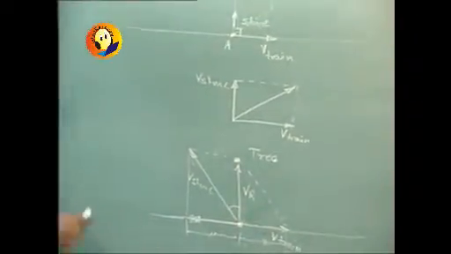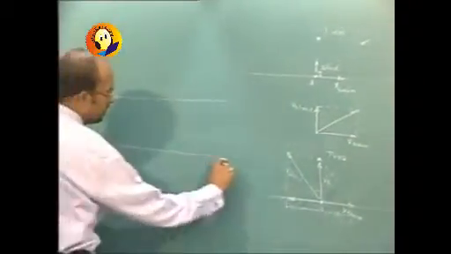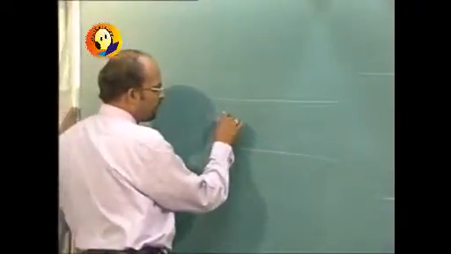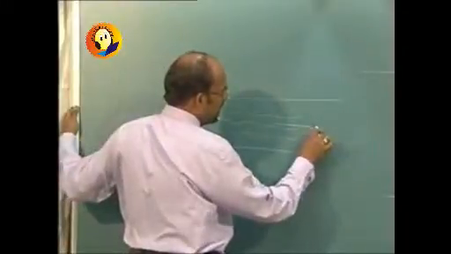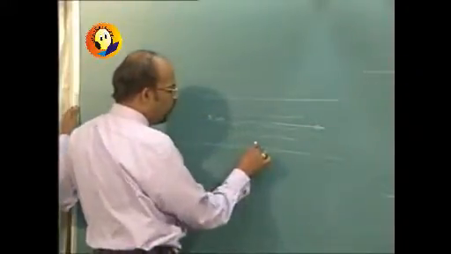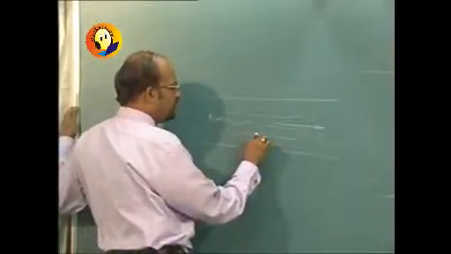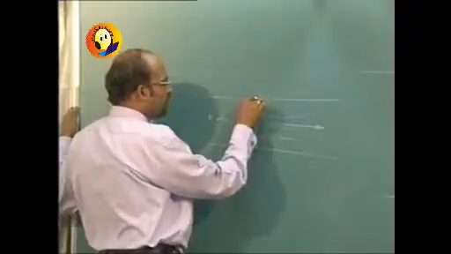Another case could be when, say, there is a river and the flow is in this direction. Some boat wants to cross this particular river and reach the opposite bank.